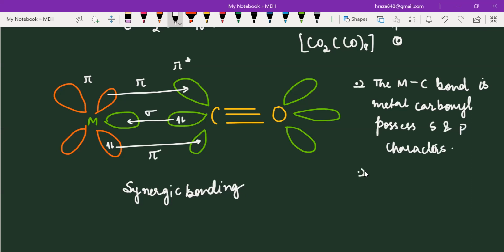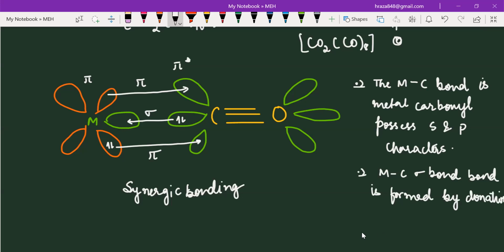The next point we can write is the M-C sigma bond is formed by donation of lone pair of electrons of carbon into vacant orbitals.